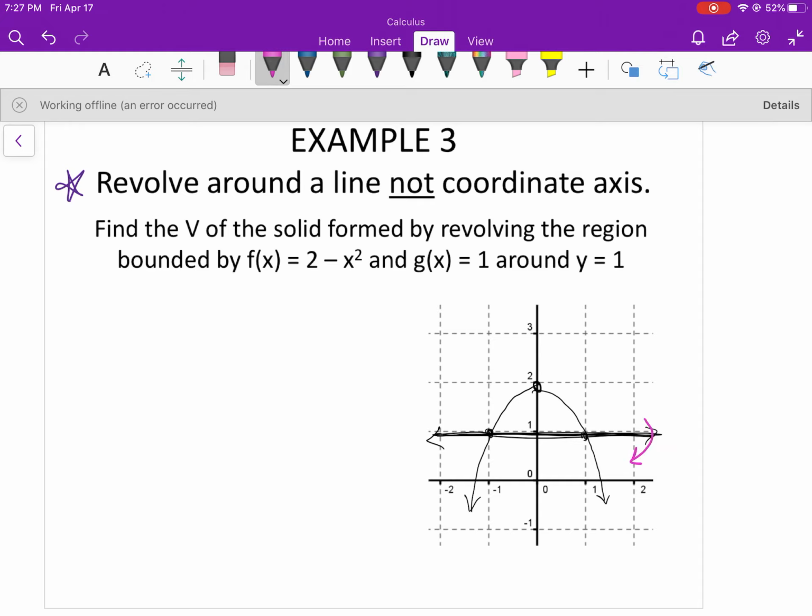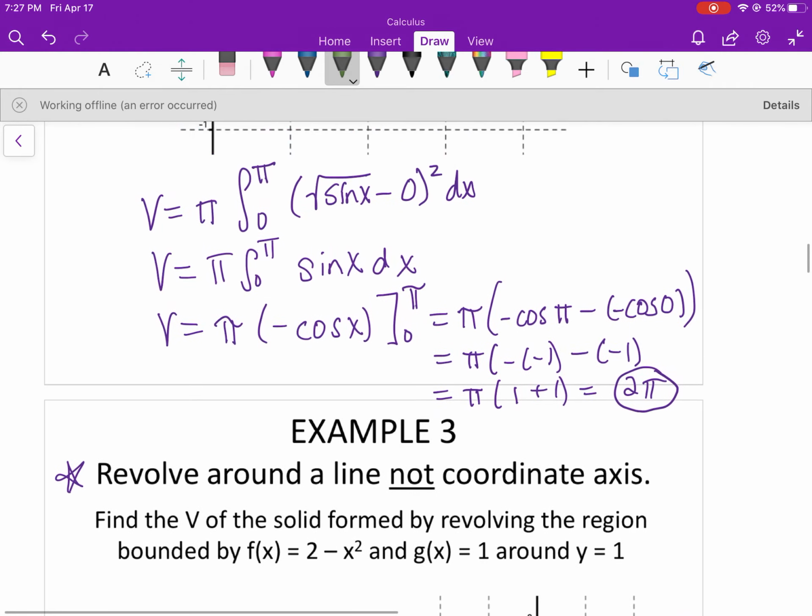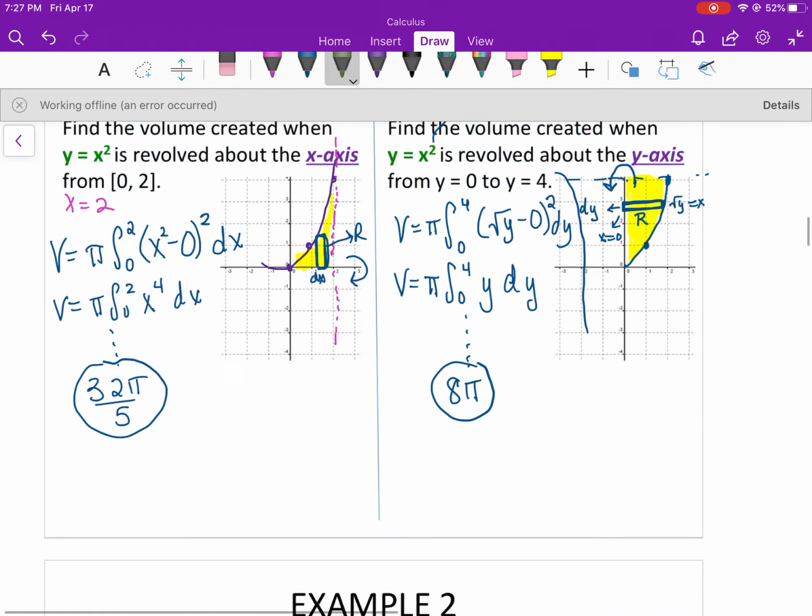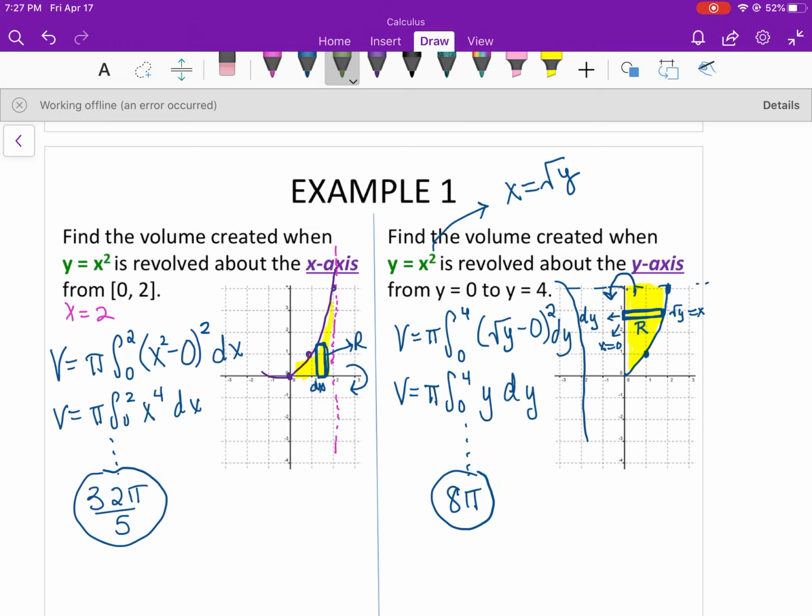Now remember that your rectangle is going to run perpendicular to your axis of rotation. So our rectangle is going to be right here. Before, we took the top curve minus 0 and squared it, or we took the right side minus 0 and squared it.